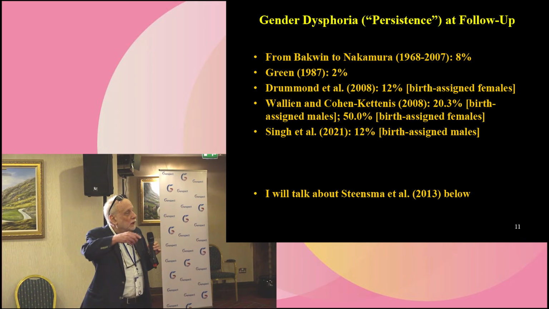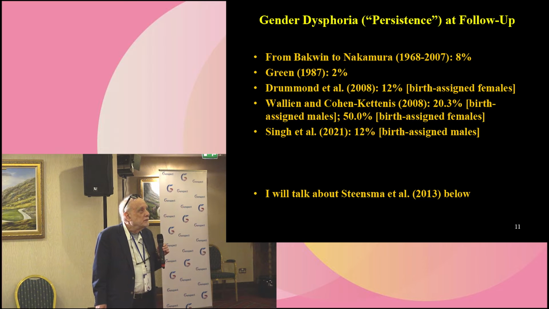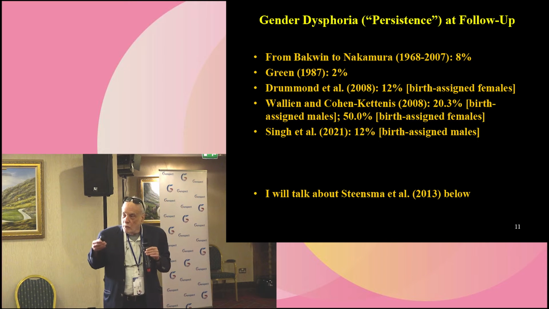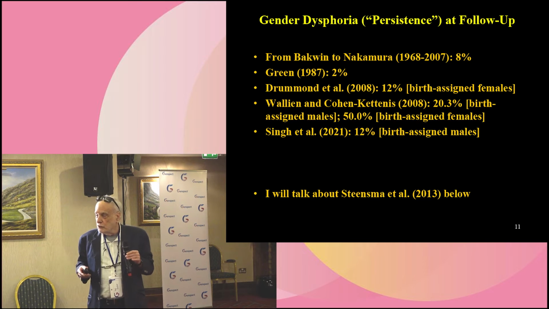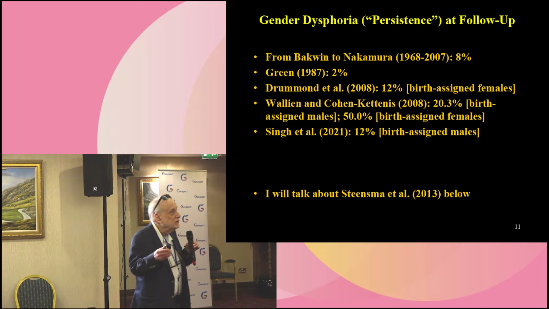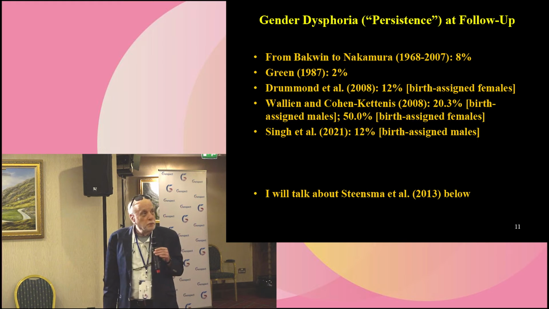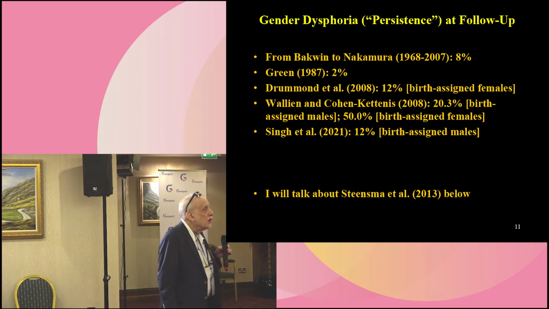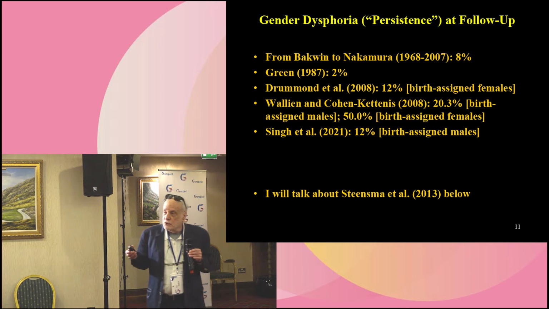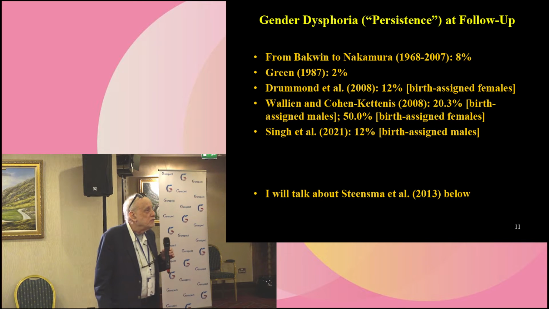But if you look across all of these studies, this is what we know about persistence of gender dysphoria in kids who are seen for the first time in childhood. So in these early studies, small samples, 8%. In Richard Green's study, 2%. In 2008, the Dutch reported 20% persistence in birth-assigned males, 50% in birth-assigned females.